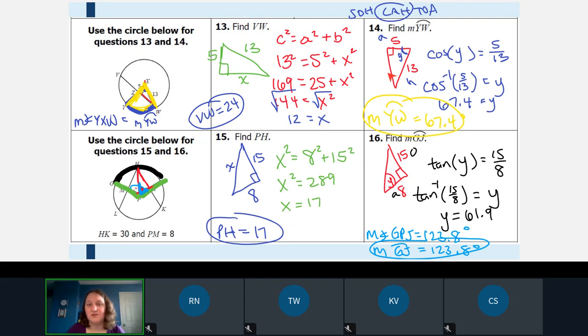So we had to use SOHCAHTOA. In number 15, all 3 sides were labeled in our right triangle, so we could use Pythagorean theorem. And we didn't know any of these angles, so SOHCAHTOA wouldn't have been helpful. So you're going to use trig or SOHCAHTOA when you have a side, a missing side, and an angle, or you have 2 sides and a missing angle. I hope that answered your question.